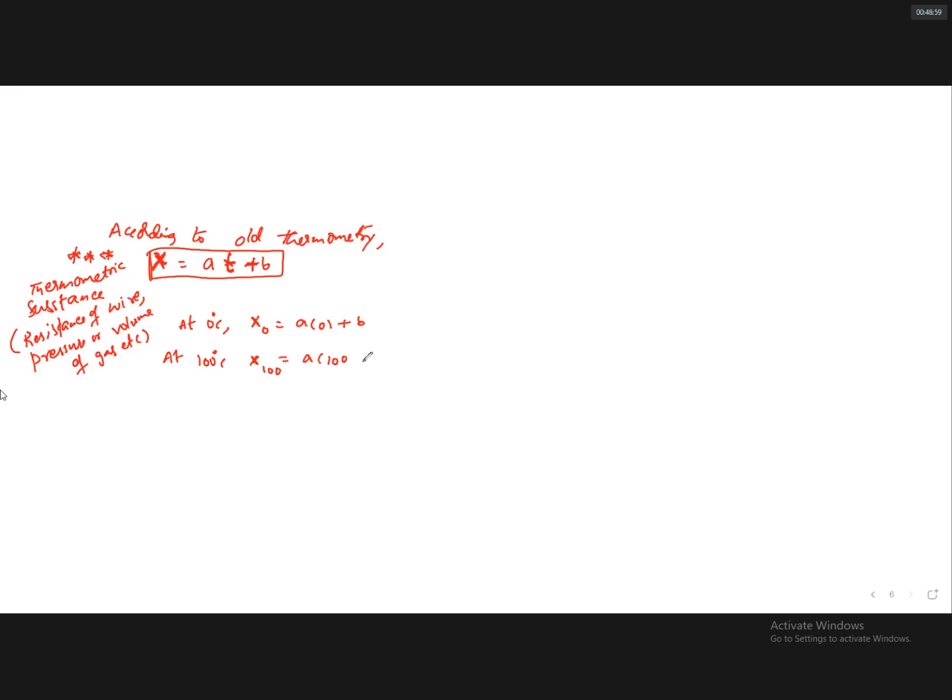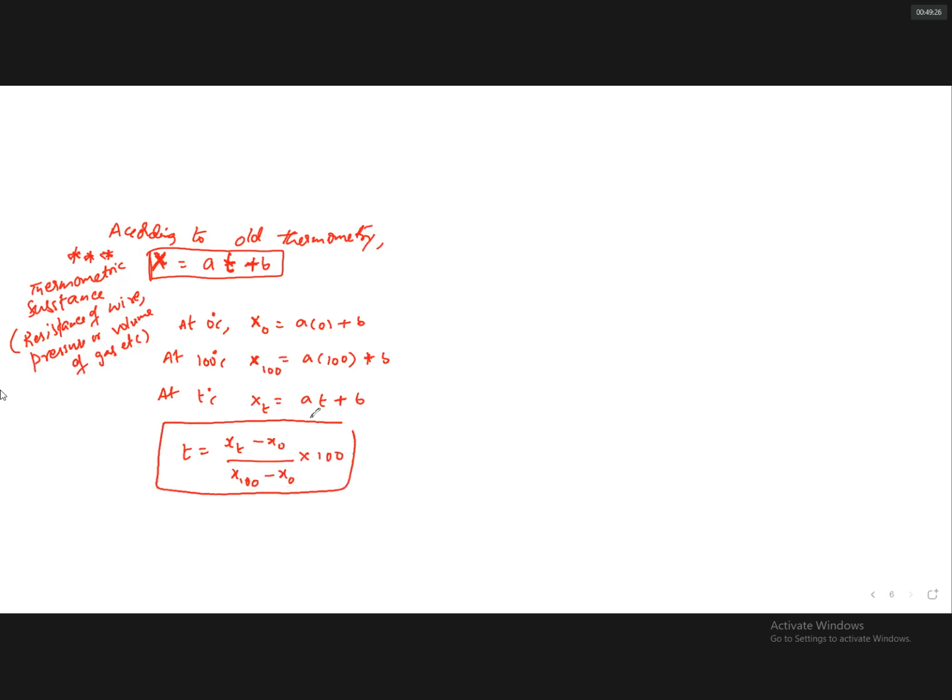So we write A into 100 plus B, and at T degrees Celsius, we use XT, that is A into T plus B. So by solving that set of equations, the temperature to be measured can be calculated as (XT minus X0) by (X100 minus X0) into 100.